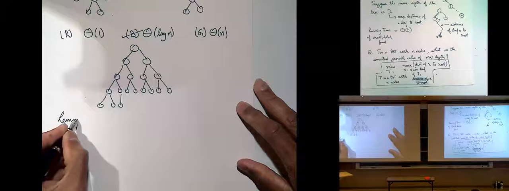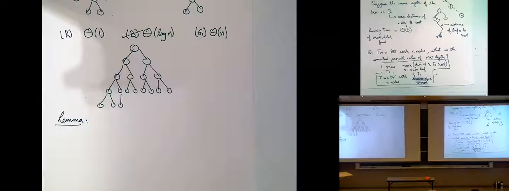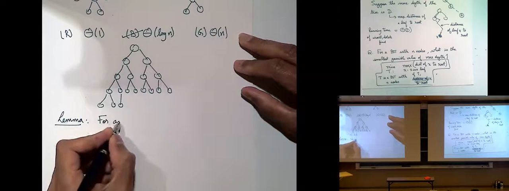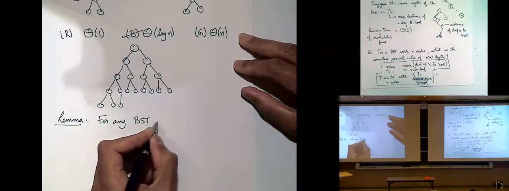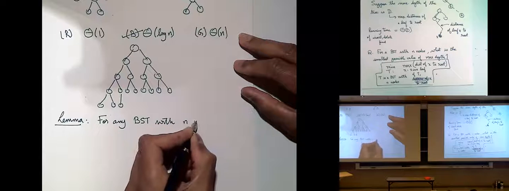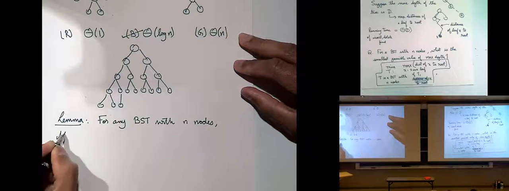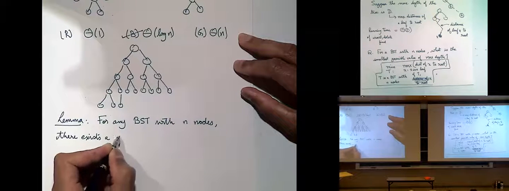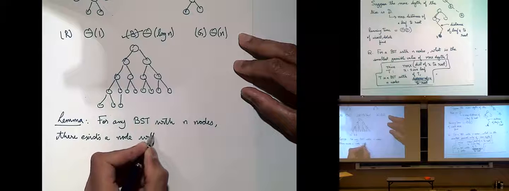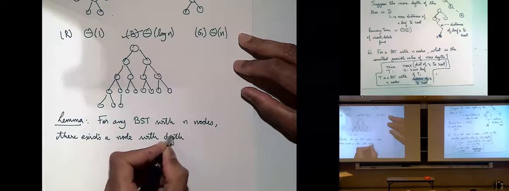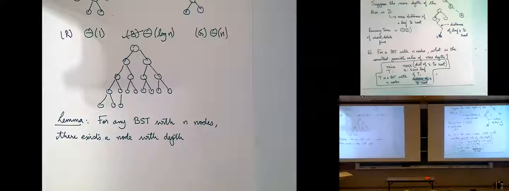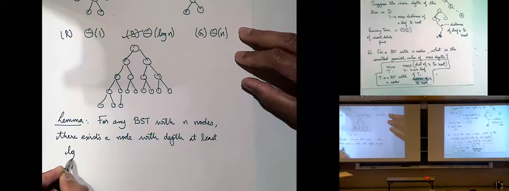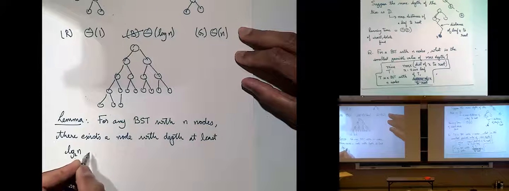So there's a lemma, a theorem that's used over and over again. For any binary search tree with n nodes, there exists a node with depth at least log base 2 of n minus 1.